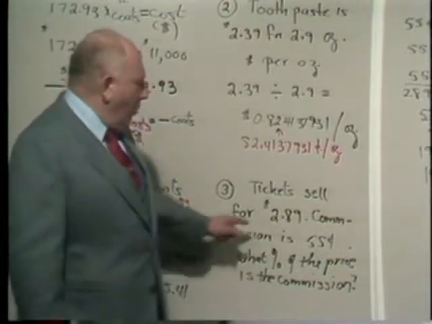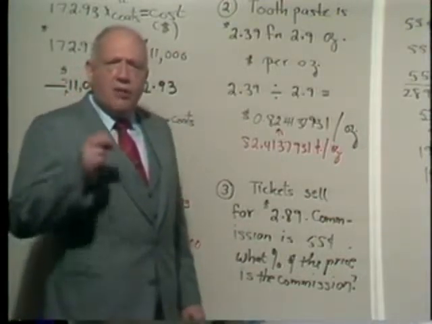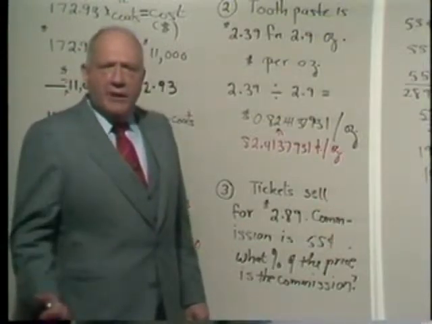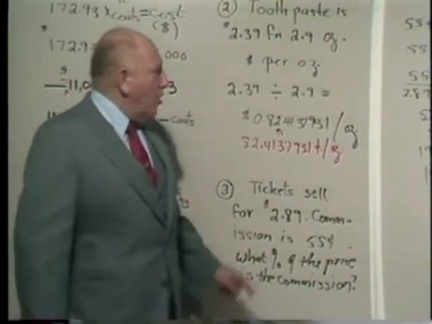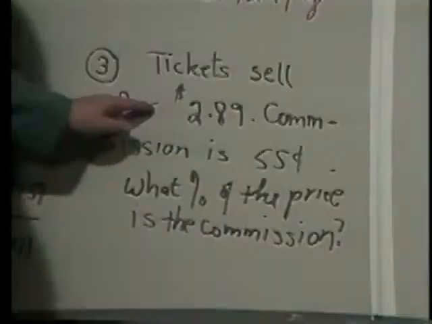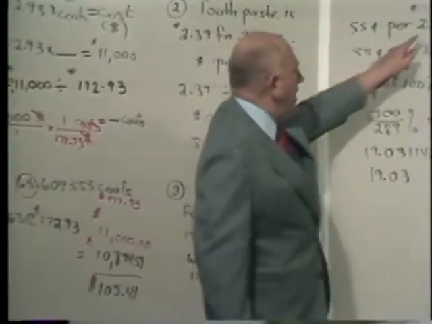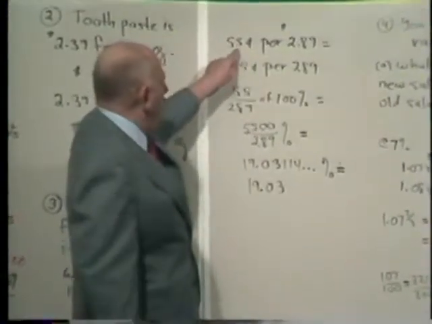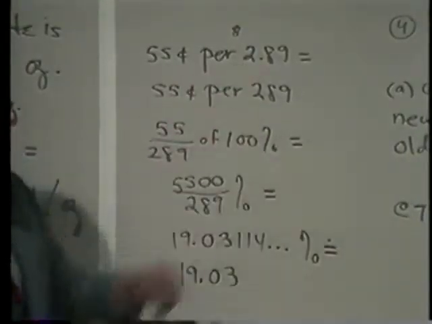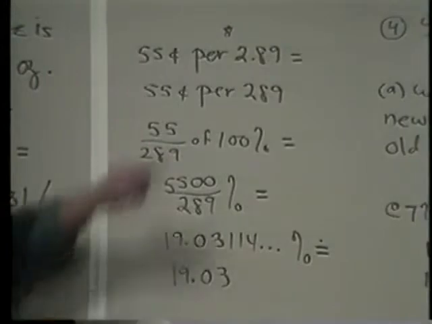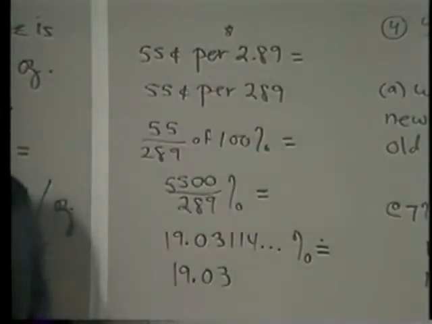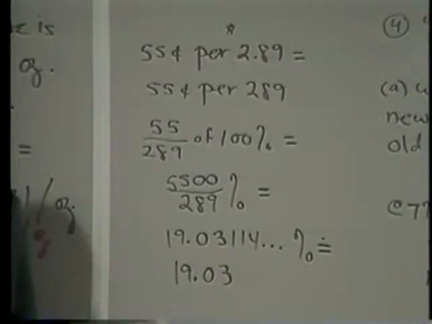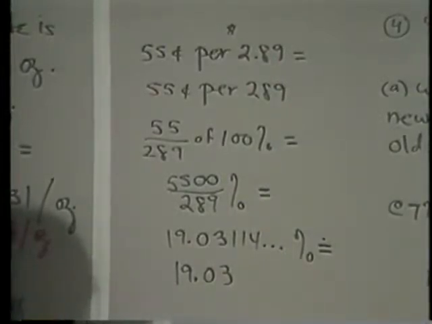So basically, what we like to do is to convert things to a percent based on what we made compared to what we had to pay or what we had to bring in. So in this problem, for every $2.89 ticket you sell, you make 55 cents. In other words, you're making 55 cents per $2.89. The problem is, to use a rate, we agreed that you have to compare like things. It's cents compared with cents, dollars compared with dollars.